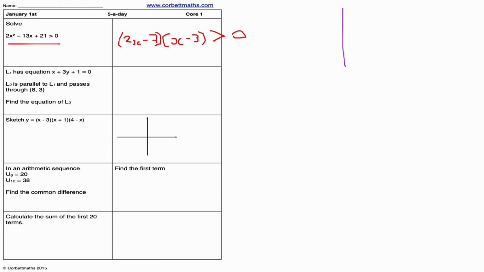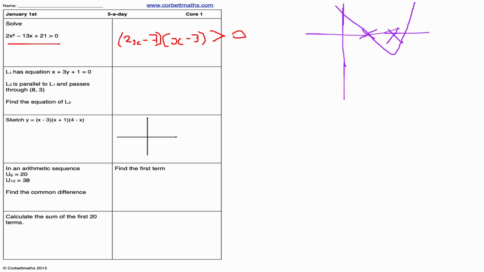Now sketching this graph, guys, so finding our solutions. Our solutions are 7 halves and 3, so it's 3 and 3.5, so they're pretty much next to each other, and then it crosses up at positive 21. Obviously it's a rough sketch here.